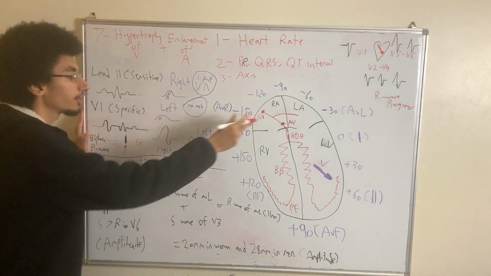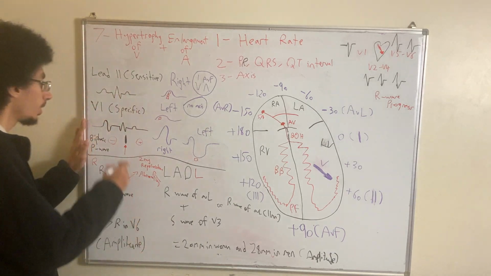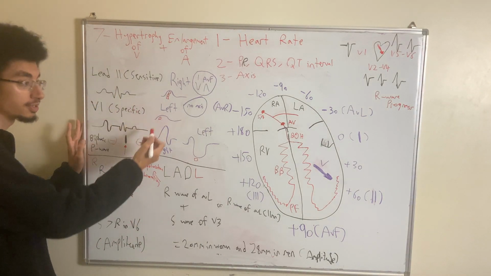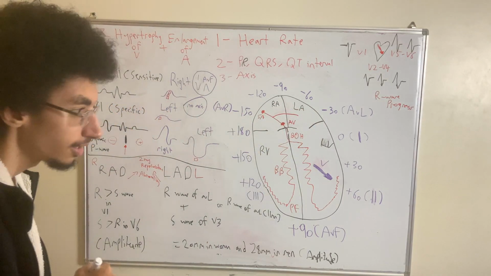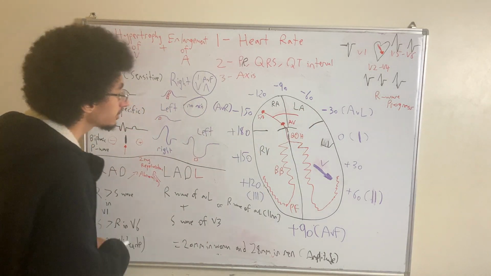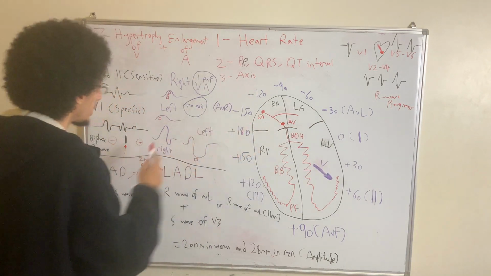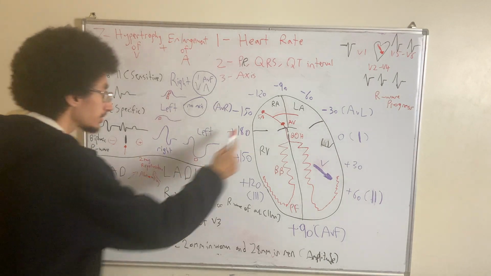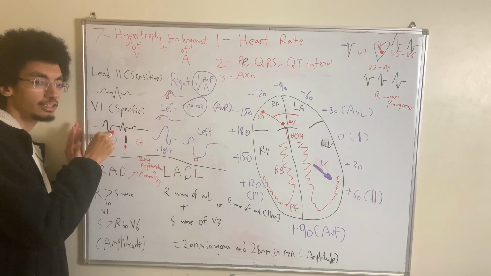This upward deflection reflects right atrial depolarization, if you remember from previous videos, while the negative deflection of this P wave represents left atrial depolarization. Mumtaz? If you can imagine it, this vector coming towards this side, the right atrium being depolarized will show a positive deflection, and since it's going towards the left atrium, away from V1, it will show a negative deflection.